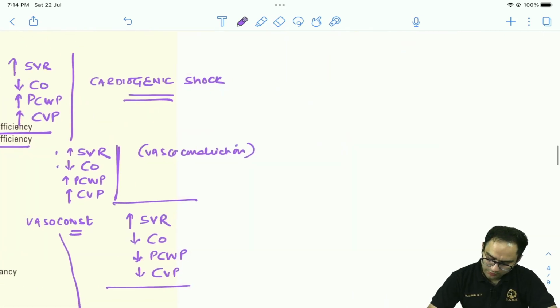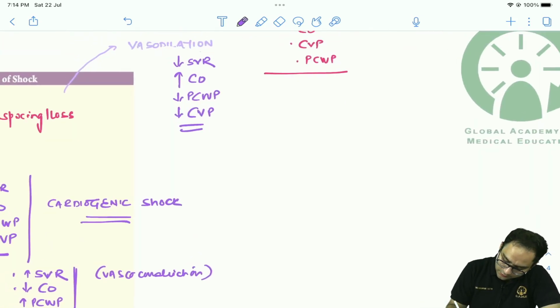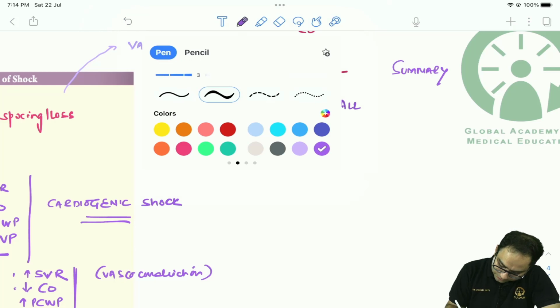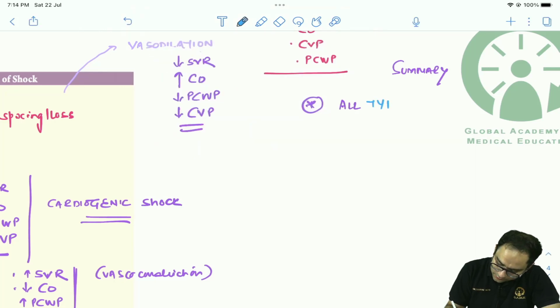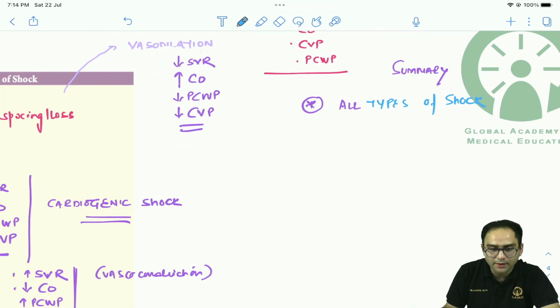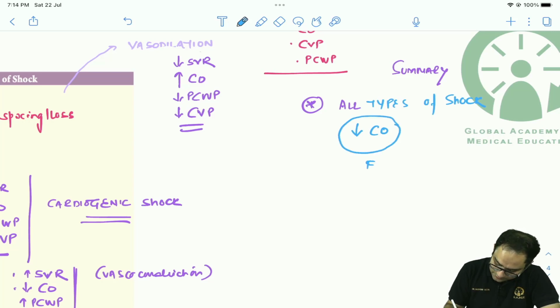So what is to be remembered, if I give you a summary, is that all types of shock have decreased cardiac output, except distributive shock.